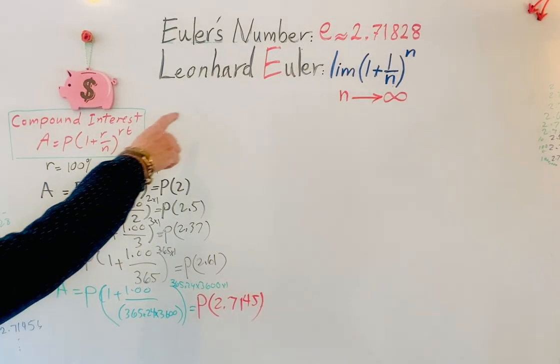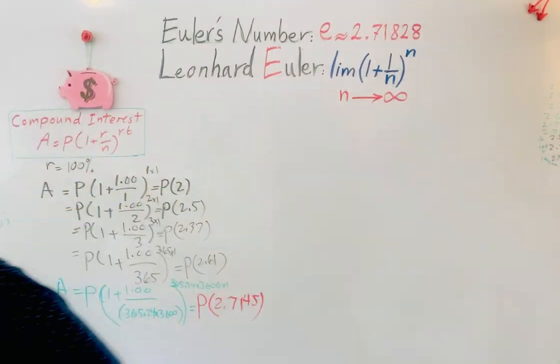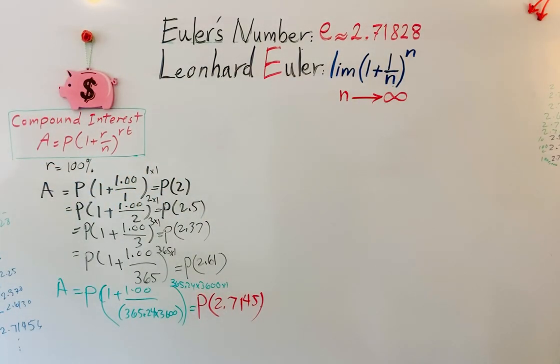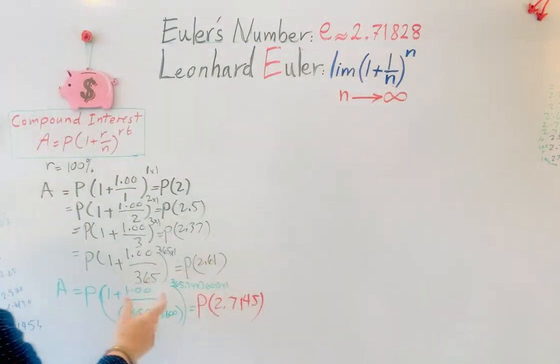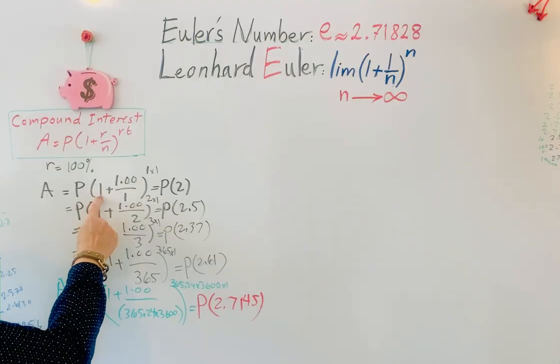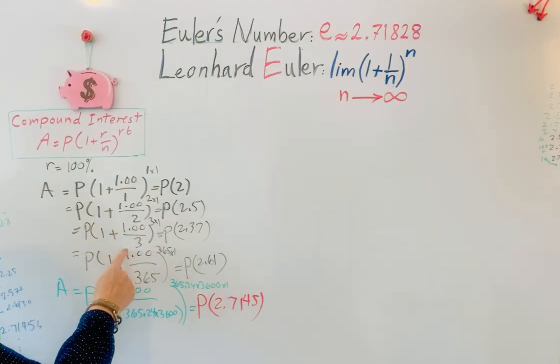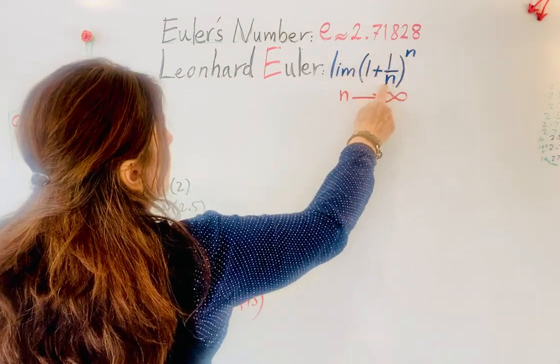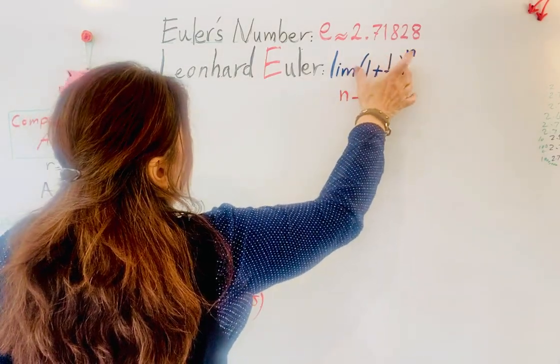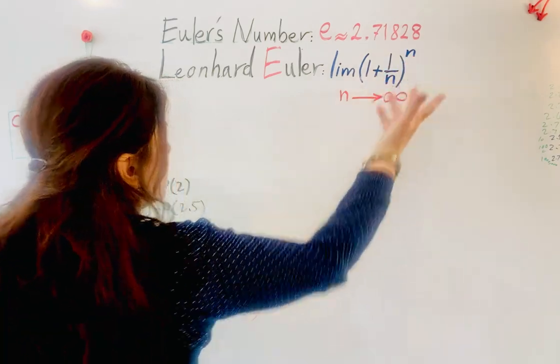But Leonhard Euler, this Swiss mathematician, discovered something. He discovered that if we have this concept, 1 plus 1 over n, everything raised to n, how much is it going to be?